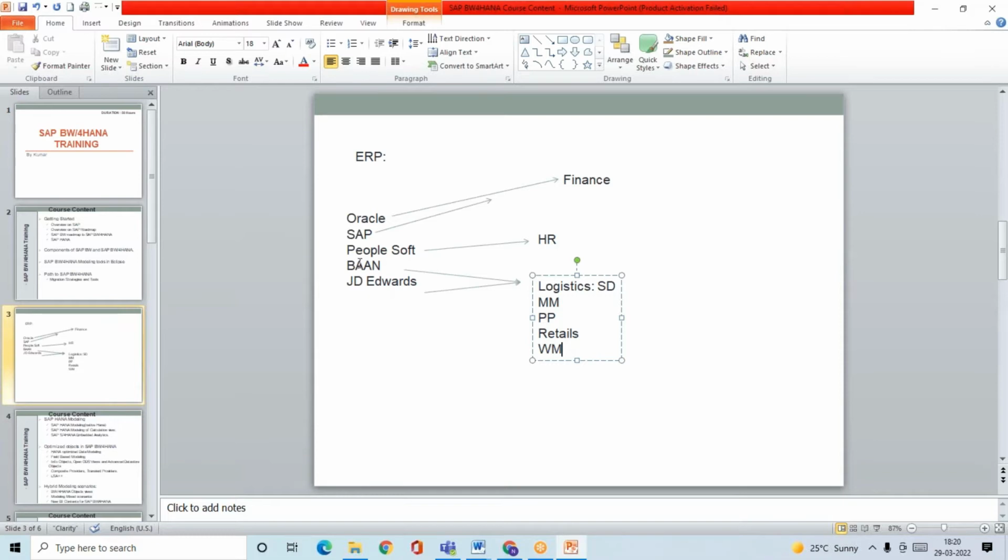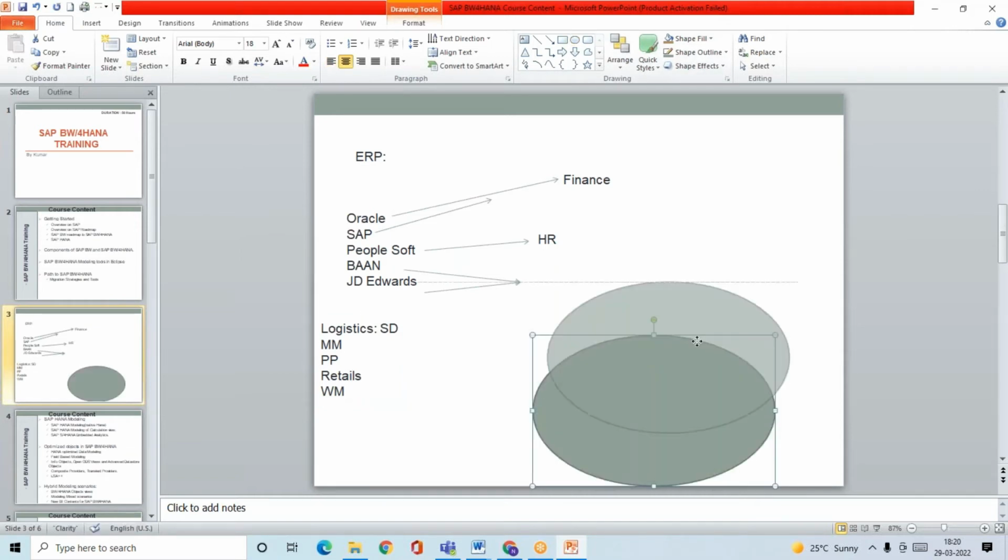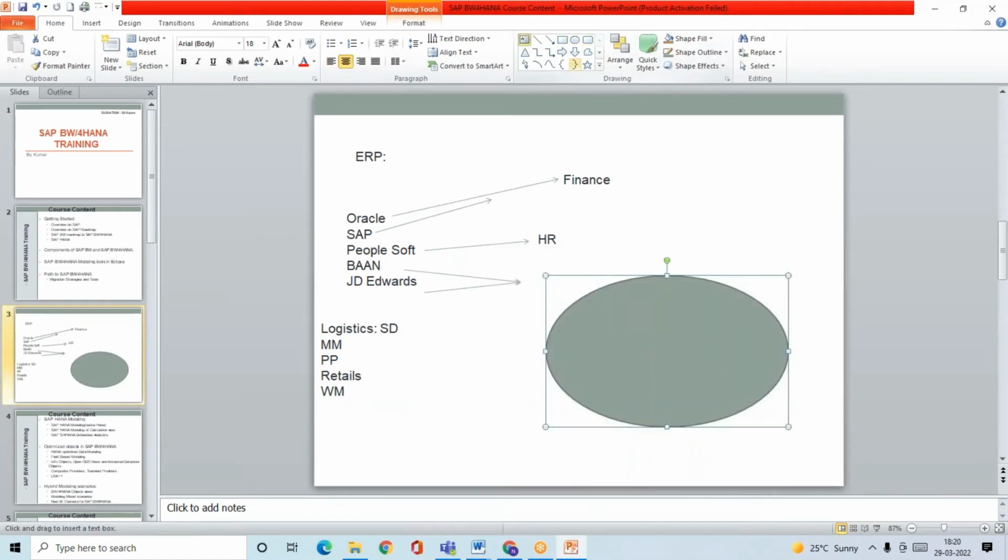But suppose I have a small organization, and in this organization I want to have SD, MM, FI and HR.